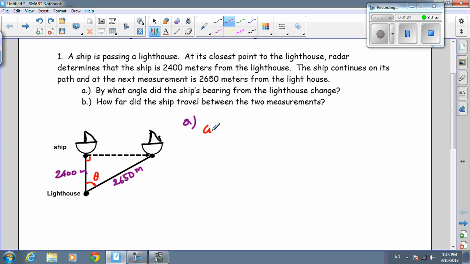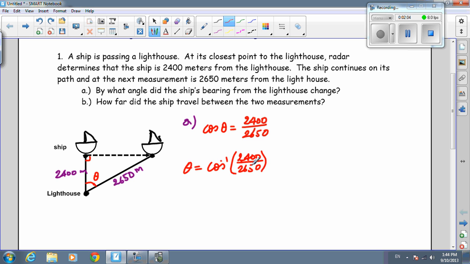So I will say cosine of theta is equal to my adjacent, which is 2,400, divided by 2,650. Since this is a calculator portion, I wouldn't bother to try to simplify. My goal is to find theta. So I will say theta is equal to, because I'm looking for the angle, cosine inverse of 2,400 over 2,650.